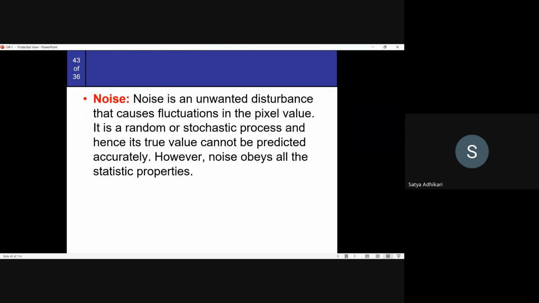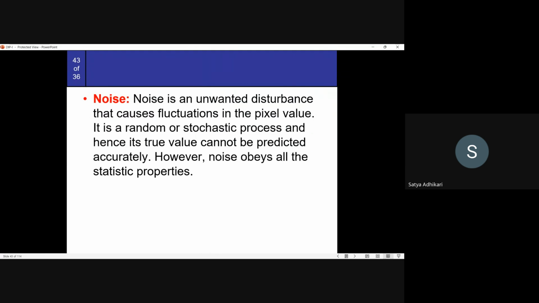And another characteristic, which we don't want in our image, is noise. Noise is an unwanted disturbance that causes fluctuation in a pixel value. There are different types of noise, which we'll discuss later. Different techniques and methods are used to remove that noise.